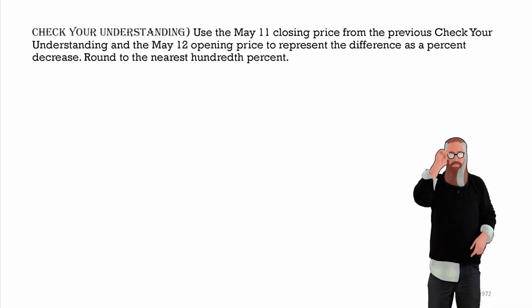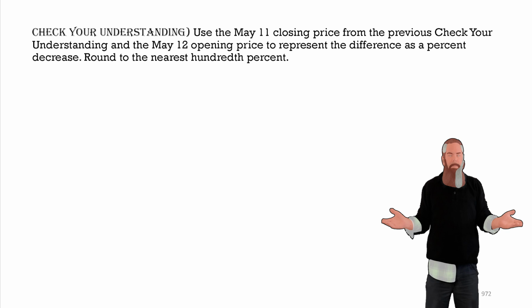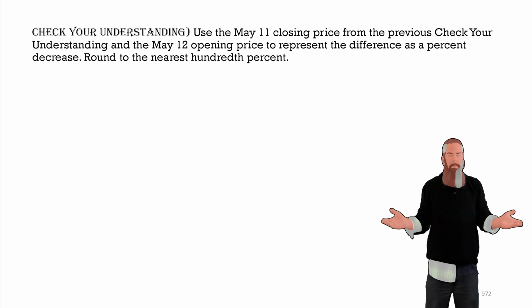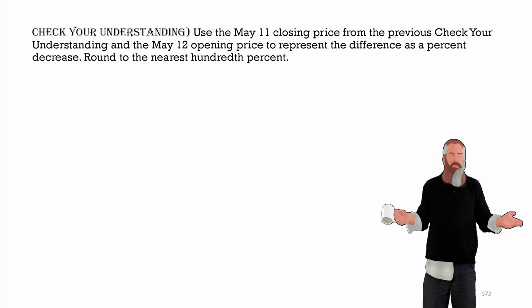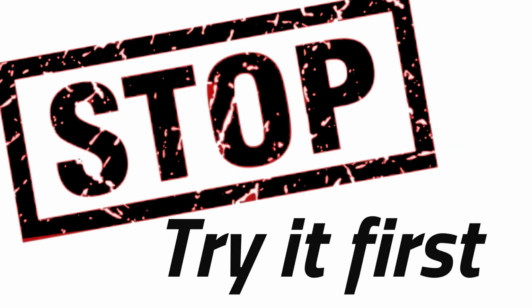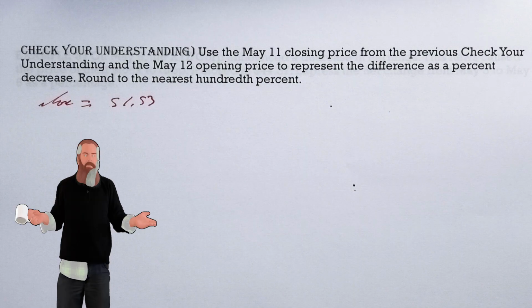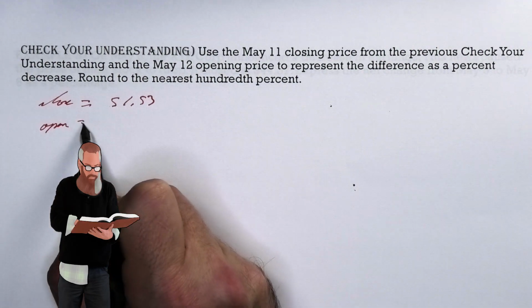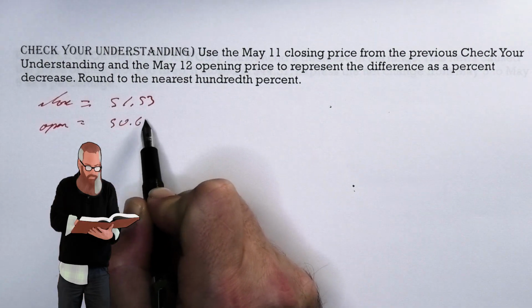Let's check our understanding by using the May 11th closing price, which was $51.53, from the previous check our understanding, and the May 12th opening price to represent the difference as a percentage of decrease. And we're going to round to the nearest 100th percent. So we've marked that it's the close at $51.53. The opening price is $50.60.